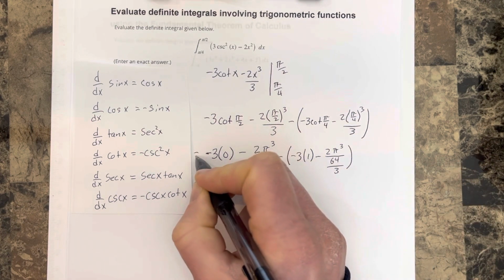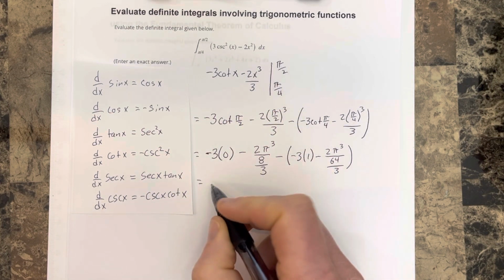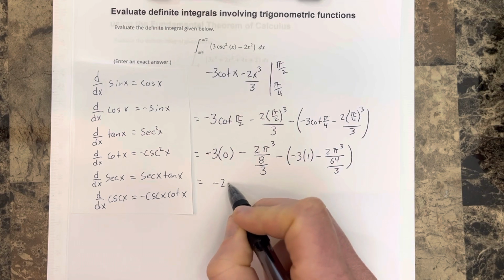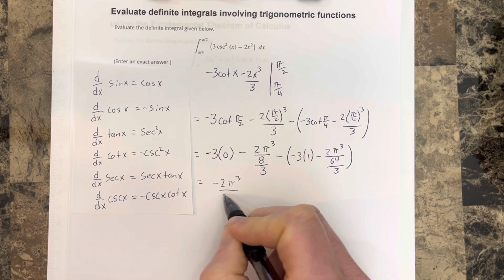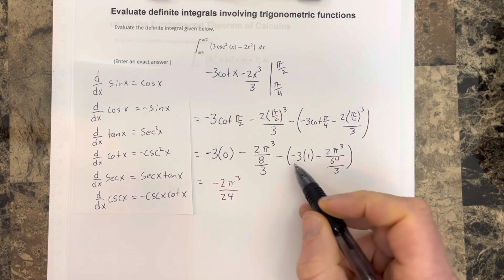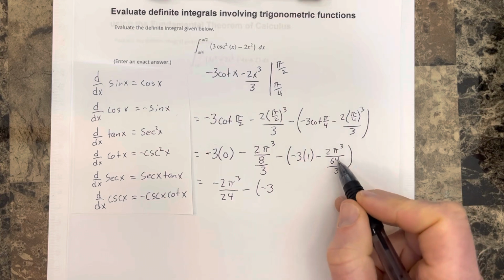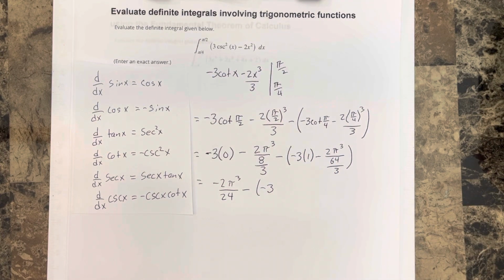So we're going to simplify this a little bit. So this will be 0. This will be negative 2 pi cubed over 24, because 8 times 3 gives you 24. And you get minus negative 3, and 64 times 3 is 192.